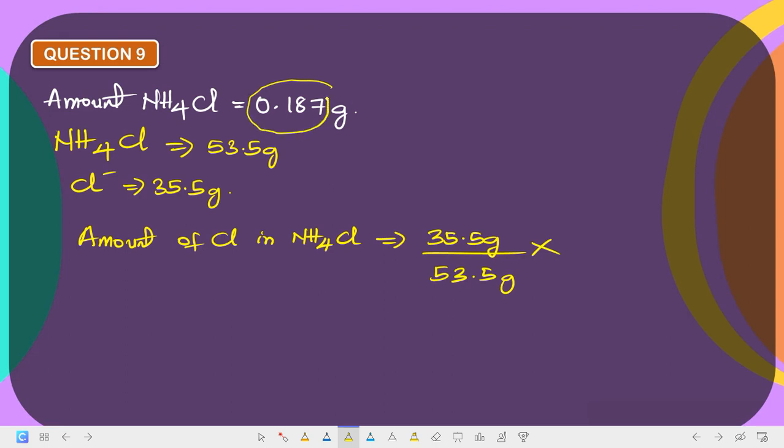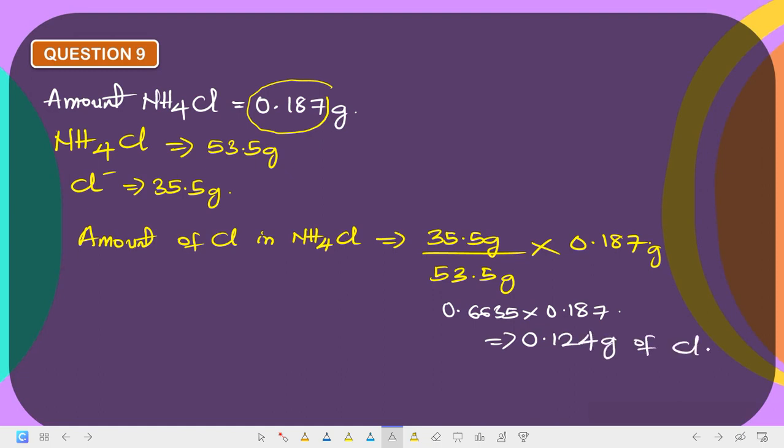Total mass calculated is what? 0.187 gram. If you punch this in your calculator, what are you going to have? 35.5 divided by 53.5, which is 0.6635, times 0.187, which is 0.124 gram of chlorine.